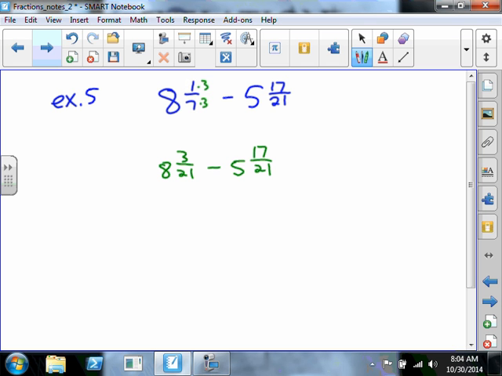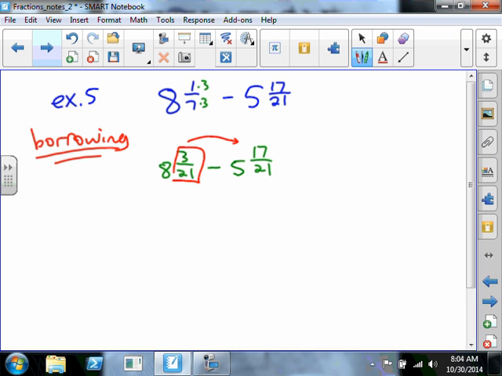So here's where we need to talk about borrowing. Some people pronounce that word funny. But we're talking about borrowing. In this case, you can't really subtract the wholes yet, because in order to be able to subtract the wholes, you have to have the fractional part in. The fractional part here has got to be bigger than the fractional part there, and it's not.